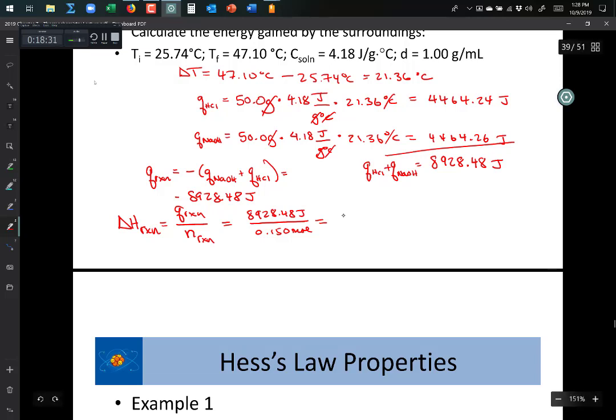That comes out to be 59,523 joules, which would probably convert to kilojoules. That's a more standard unit for this kind of stuff, per mole. That's 59.5 kilojoules per mole. Okay.